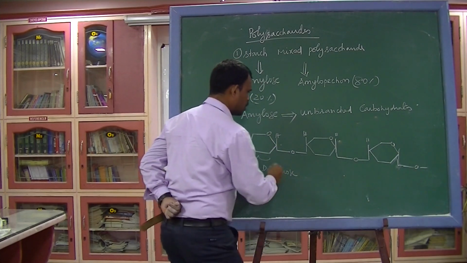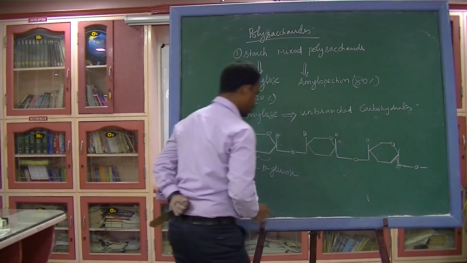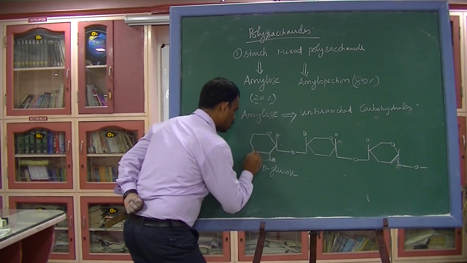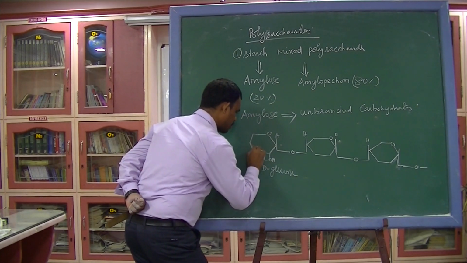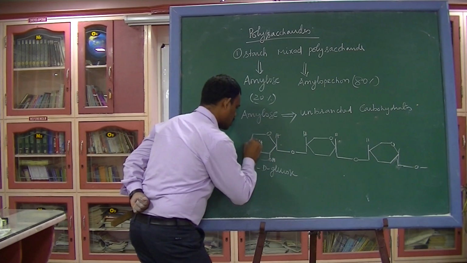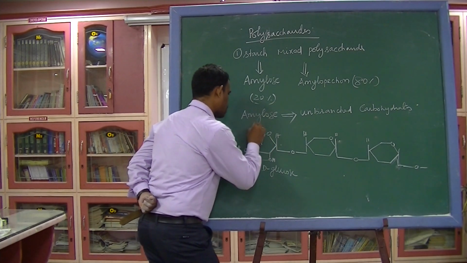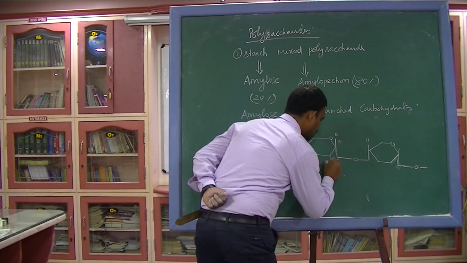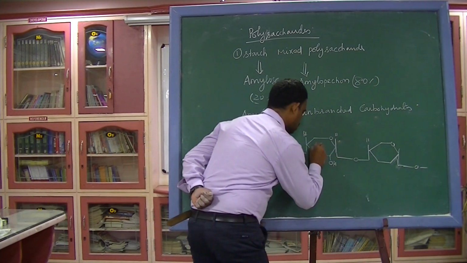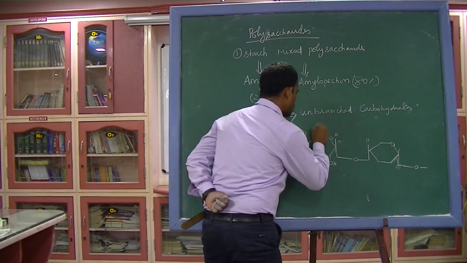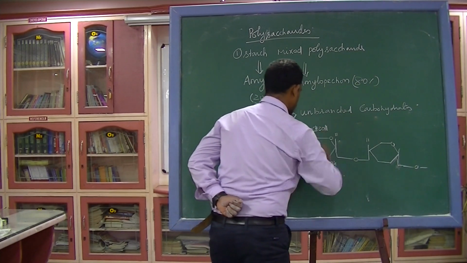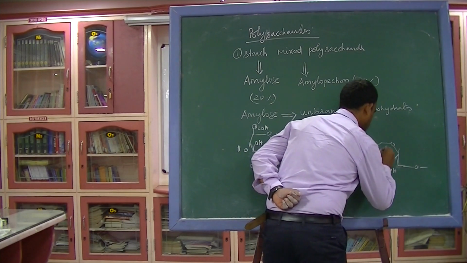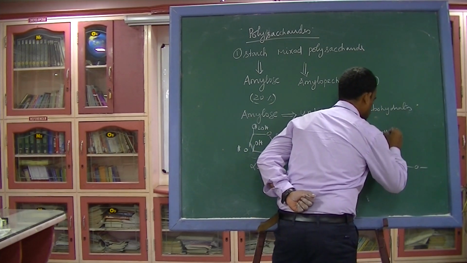Here I have shown only 3 subunits. So this is OH and OH. This is OH. This is CH2OH. Similarly, we have OH, and this is OH and CH2OH.